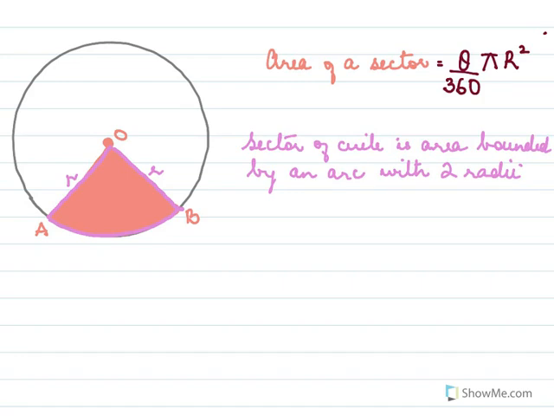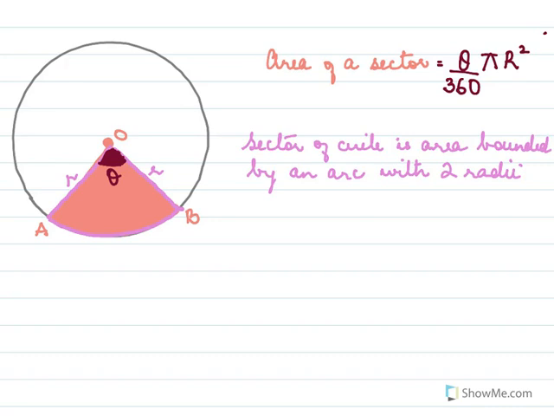So what is theta? Theta is this angle associated with the sector. It could be 30 degrees, 60 degrees, 45 degrees. So this angle is theta. Every sector is associated with an angle at the center. It's called the central angle. So the area of the sector is theta by 360 into pi r square. Of course, the r you know is the radius.